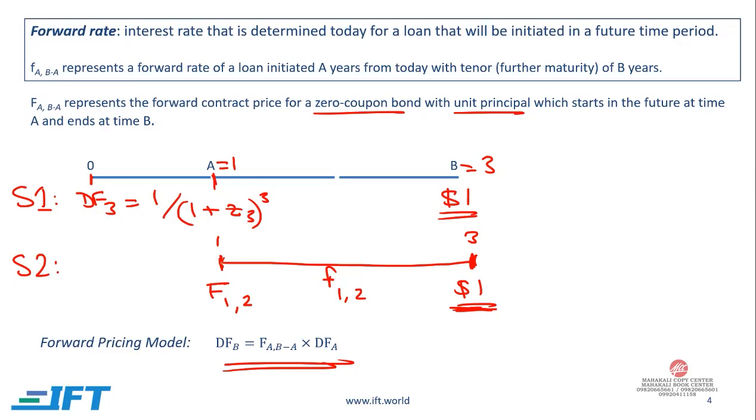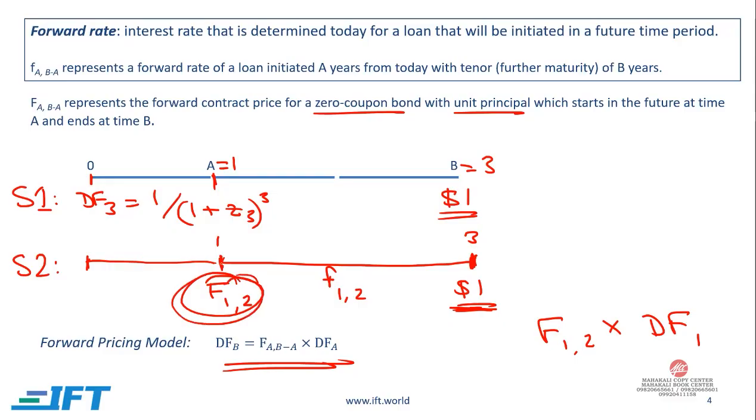Now to prevent arbitrage, the present value of this price, F12, should be equal to DF3. And what's the present value of F12? To come up with the present value of F1 comma 2, we have to multiply this by DF1. So if we take this and multiply by DF1, that will give us the price over here.